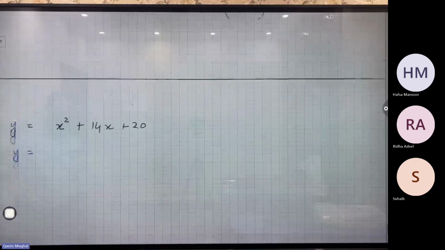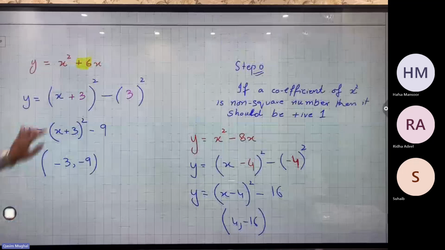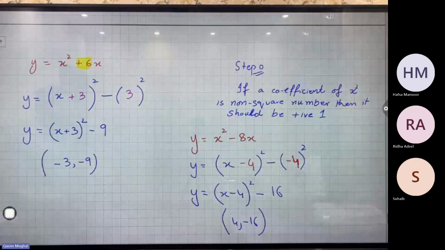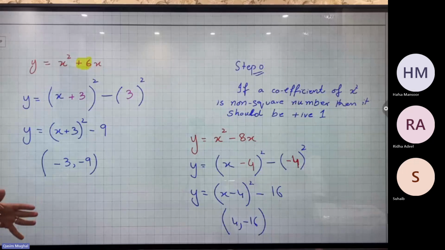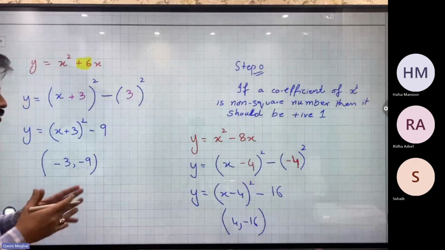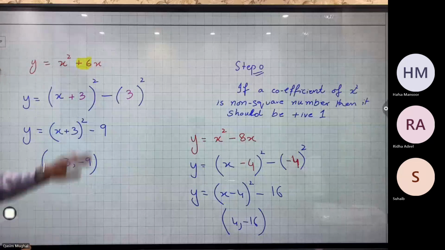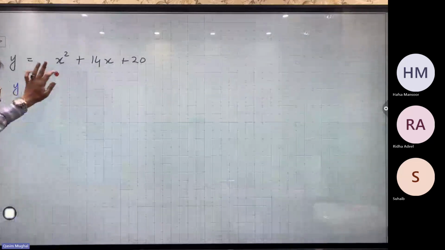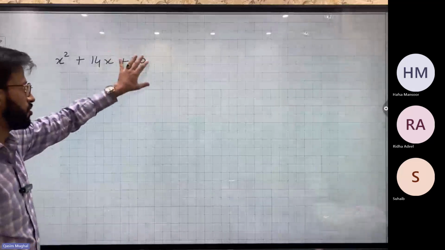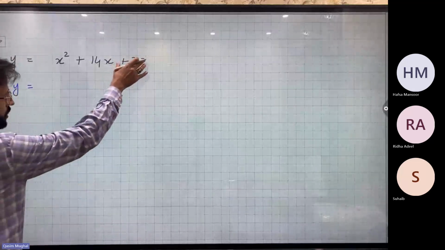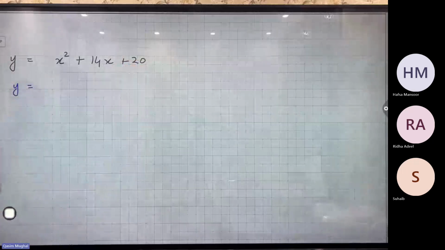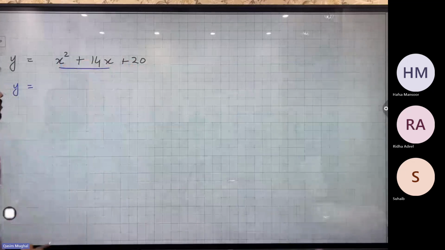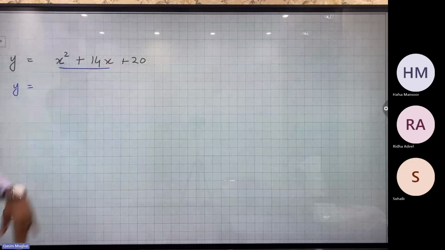In the examples we did yesterday, on purpose I gave you only the first two terms of a quadratic expression, so that you know that while we are completing a square, only the first two terms are brought into the process. If you have any additional term like this, we shouldn't be bothered by that. We are going to carry this along with us until we reach a part where we need to do the simplification. So we'll apply the completing square process on the first two terms.